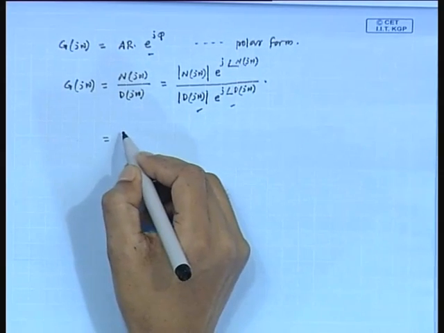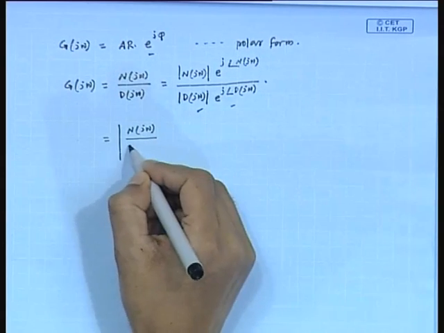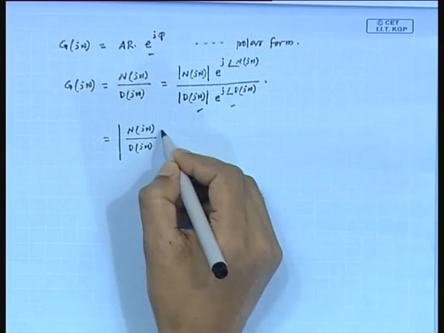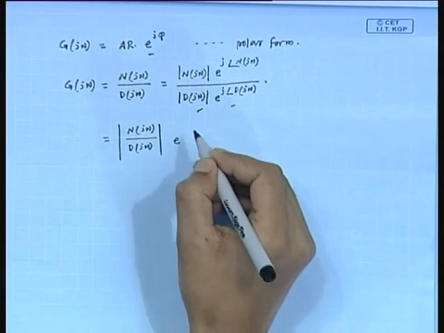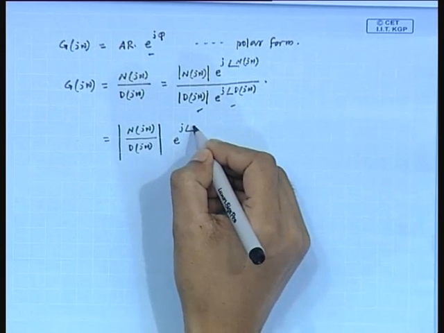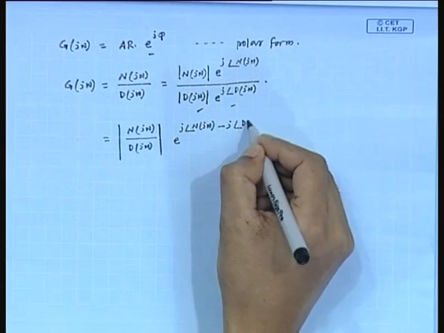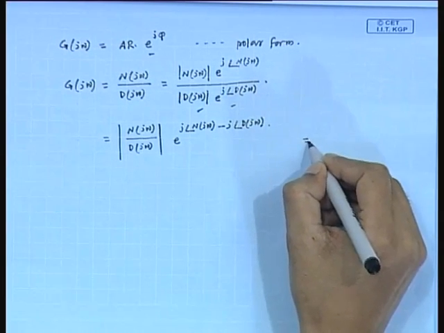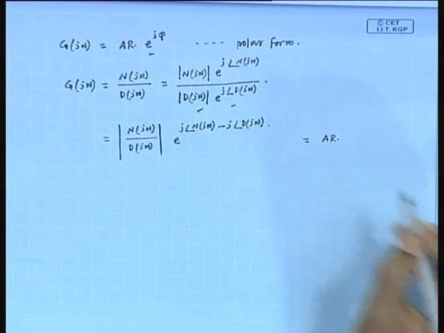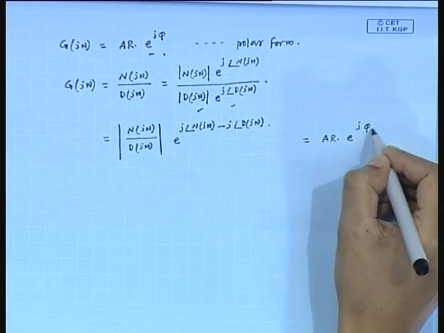Now, this we can write again as numerator magnitude divided by denominator magnitude, exponential of j times n of j omega minus j times d of j omega. Fine. The polar form of the frequency response transfer function we have written here: amplitude ratio exponential of j phi.